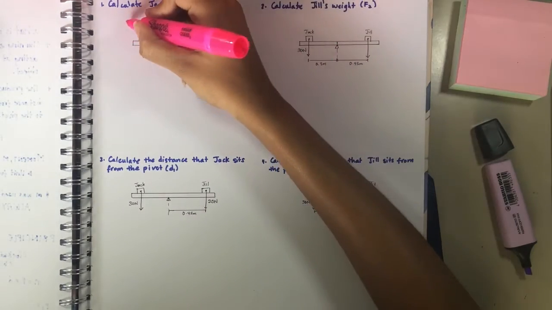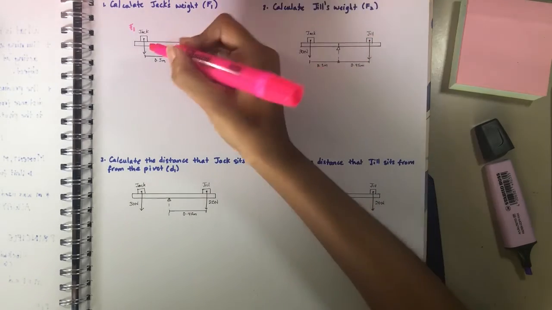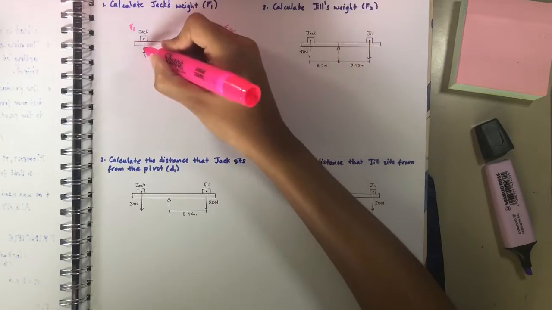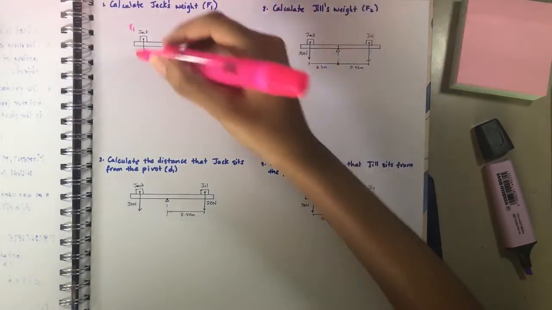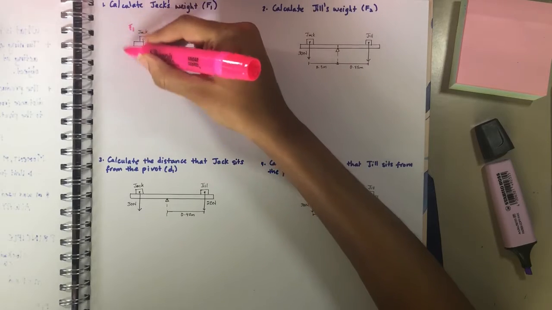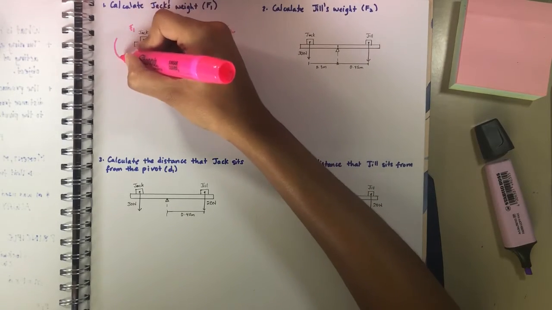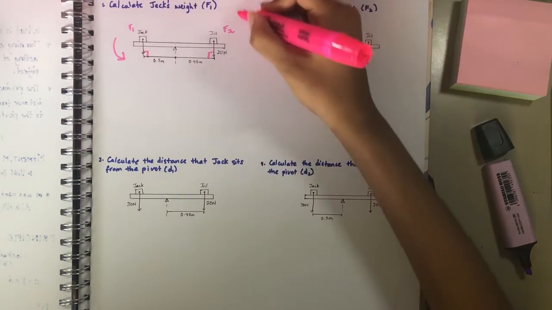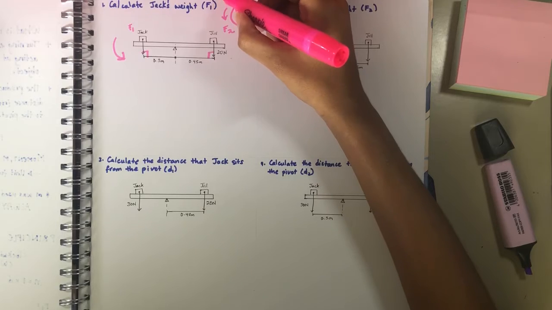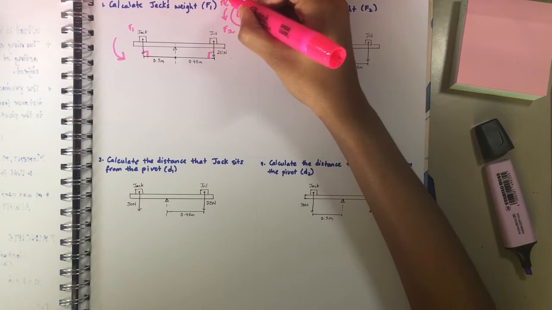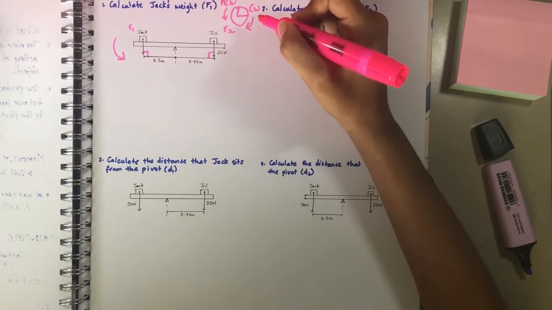So if Jack's weight is F1, Jill's weight would be F2, and the perpendicular distance, so we're good to go there, we don't need to calculate it. For Jack, since this one is one moment, if Jack sits, he'll go this way, which, if we have a clock, if we go this way, it is anti-clockwise, and if we go this way, it is clockwise, right?